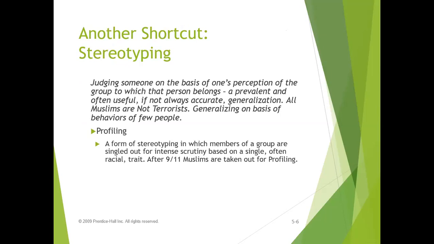Next, very important, is stereotyping. Stereotyping, as you are seeing on the screen, is judging someone on the basis of one's perception of a group to which that person belongs, a prevalent and often useful, if not always accurate, generalization. All Muslims are not terrorists; that is a generalization on the basis of the behaviors of a few people.